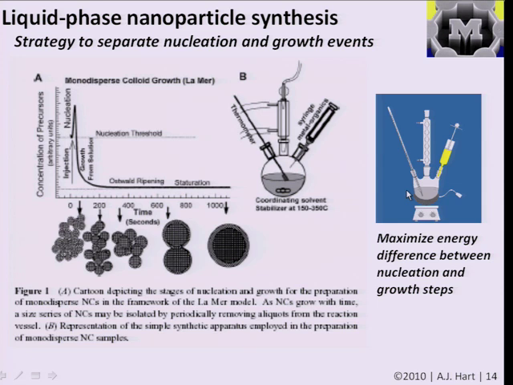So it might be typical to start out just with a liquid solution, a solvent, in which this precursor is soluble, and not have any precursor in it. Turn on the hot plate to heat it up to, say, 300 C. And then when the temperature is stable, move the syringe and inject a certain amount of precursor in here, such that when it's stirred, it reaches a desired concentration.